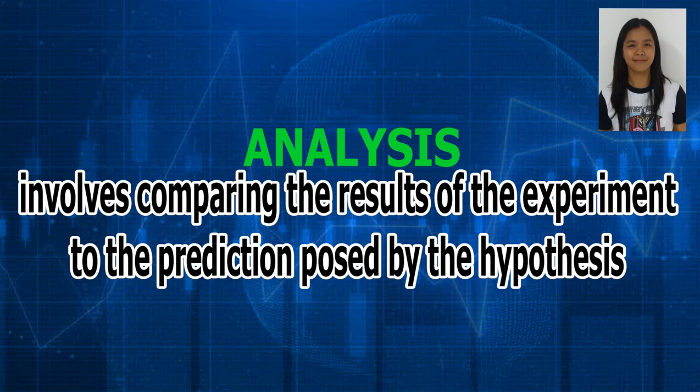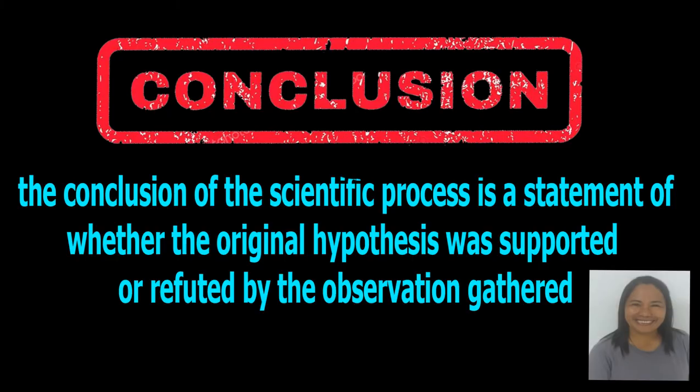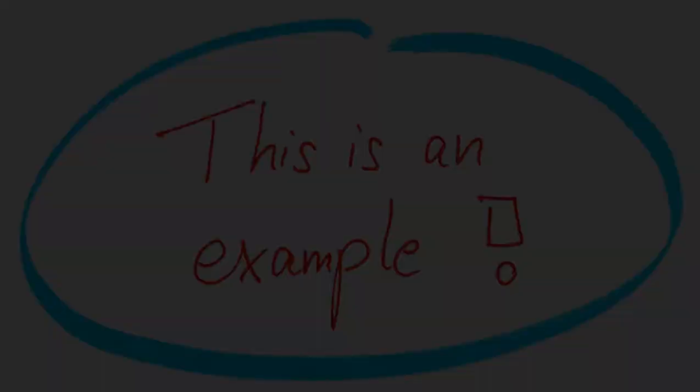Based on the observations he made, the scientist has to determine whether his hypothesis was correct. Then, he sums up his findings with the conclusion. The conclusion of the scientific process is the statement of whether the original hypothesis was supported or refuted by the observations gathered.